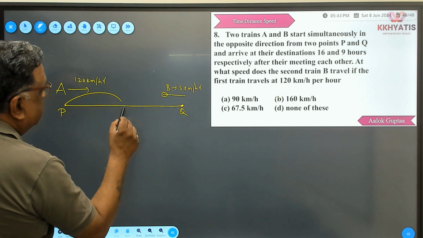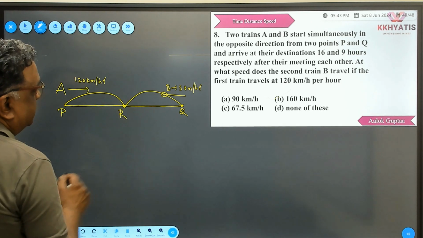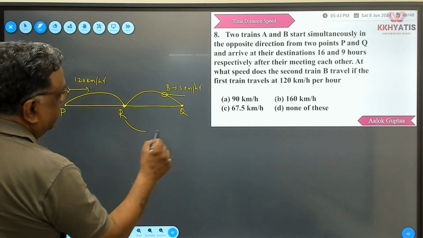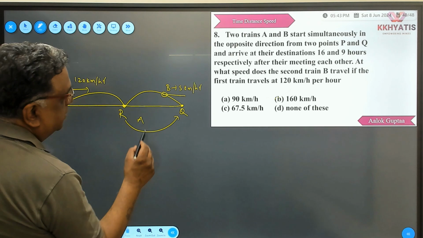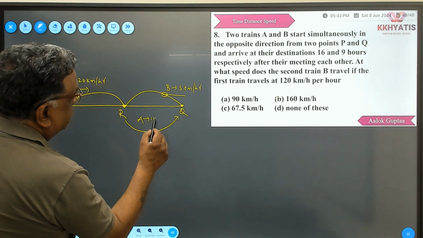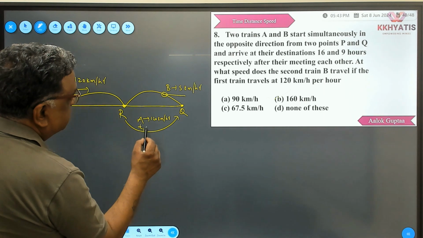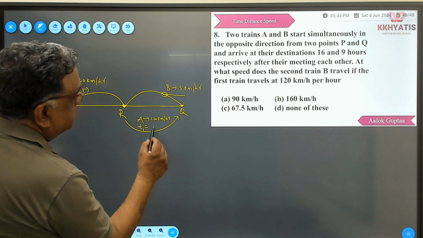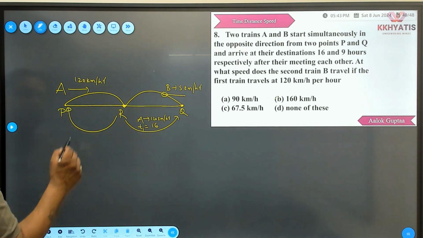Now they meet each other at some point, let us say R. So after they meet here, A goes here. It is traveling at 120 kilometers per hour and the time taken here is 16. And then B goes from here to here.